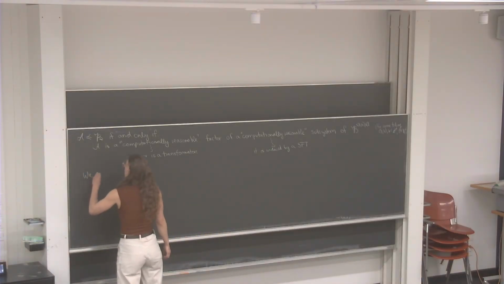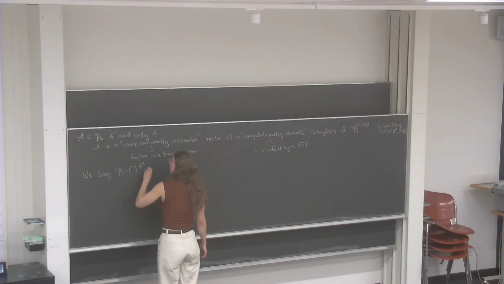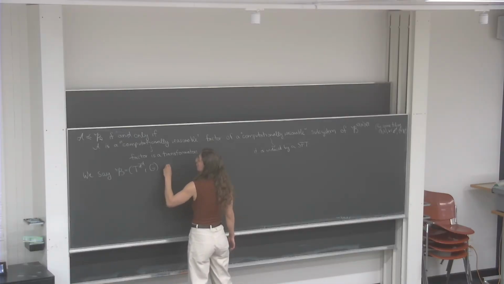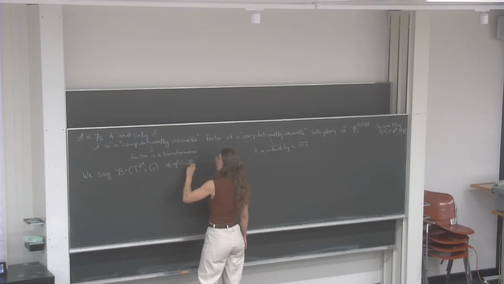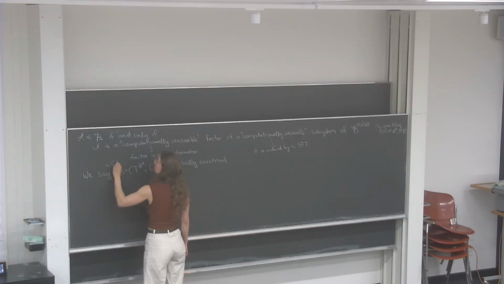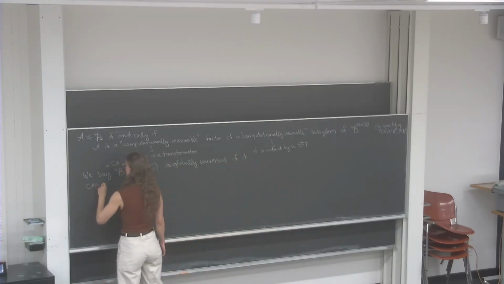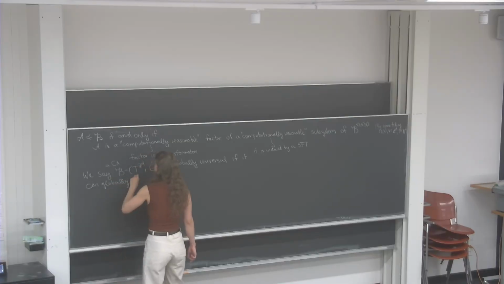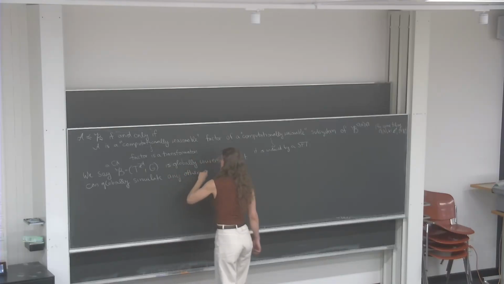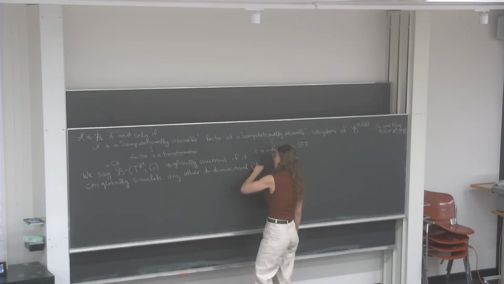So we say that B is globally universal, so obviously this is a cellular automaton, if it can globally simulate any other d-dimensional CA.